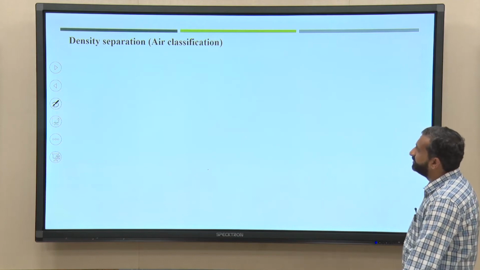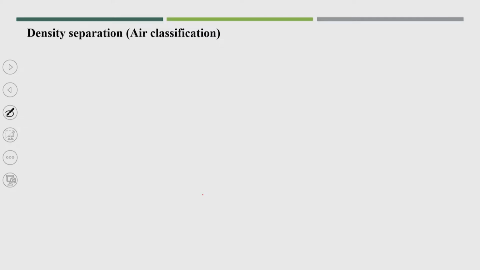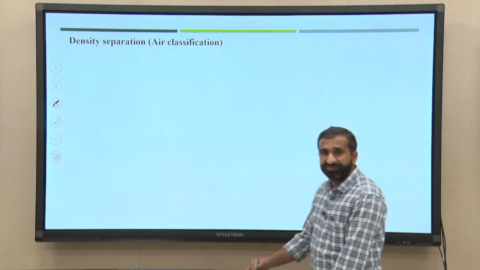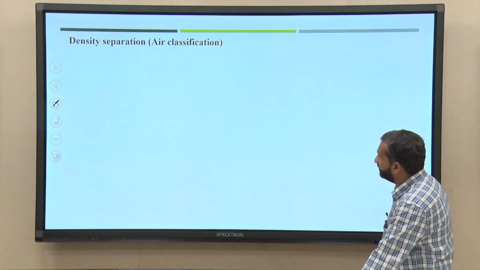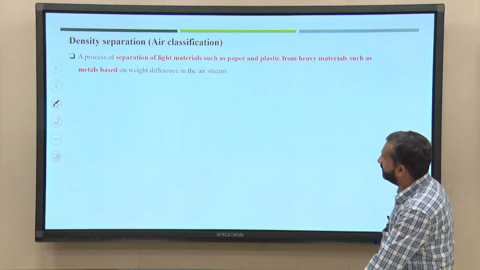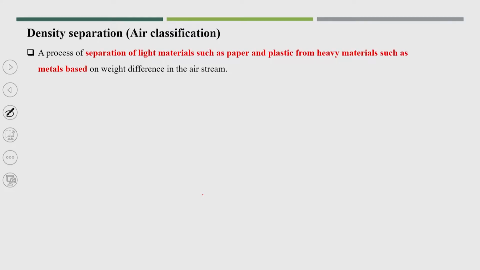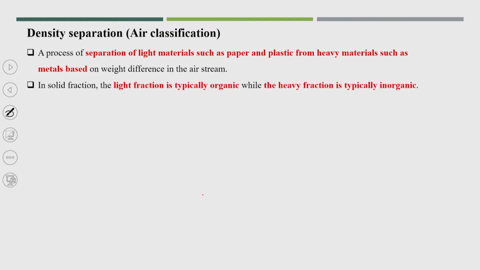Now, next is the density separation. This method is specially used for the separation of light material from heavy material. It is a process of separation of light material such as paper and plastic from heavy material such as metal based on weight difference in an air stream. In the solid fraction, the light fraction is typically organic, while the heavy fraction is typically inorganic.